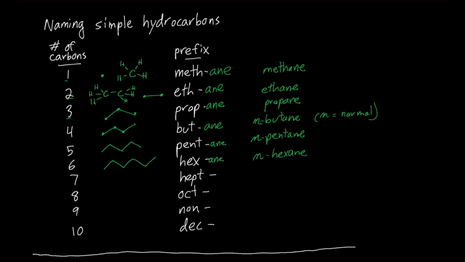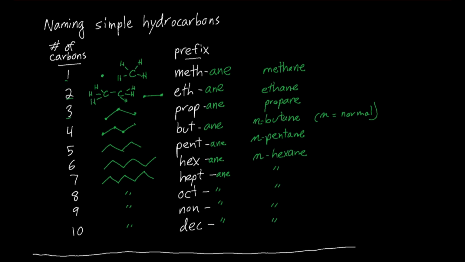And the rest, it just keeps going in logical order. 1, 2, 3, 4, 5, 6, 7. Heptane. Same. Octane, nonane, decane. I'll let you fill these out on your own.